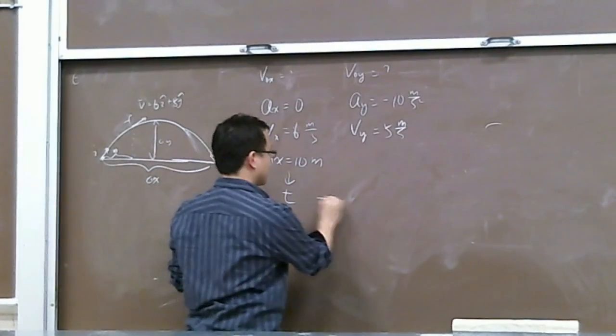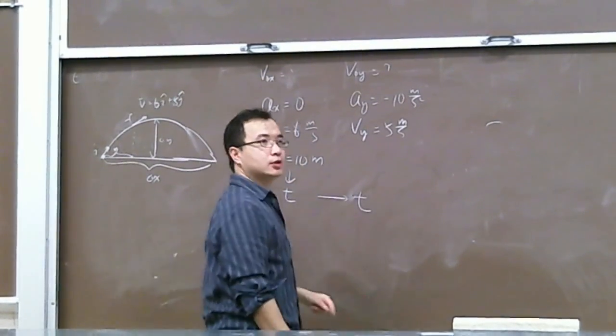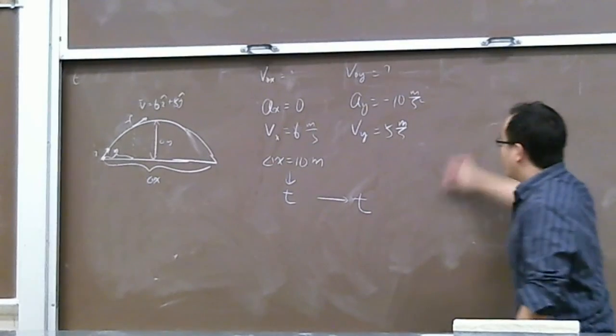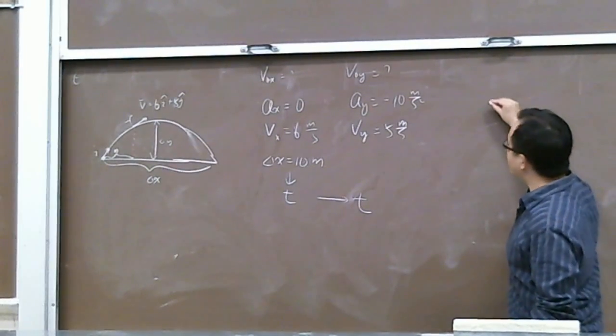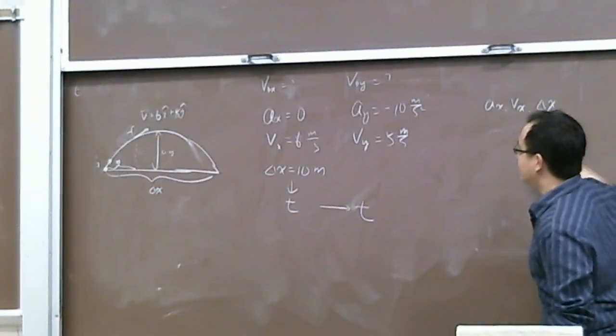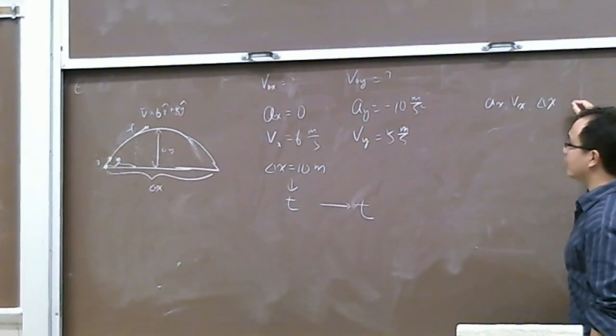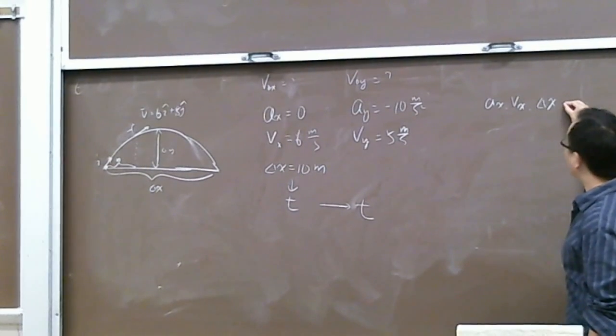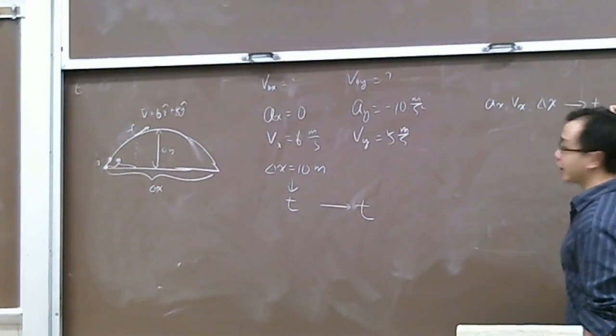So basically, the path we follow is that you know ax, vx, and delta x, and the first thing you calculate is t.